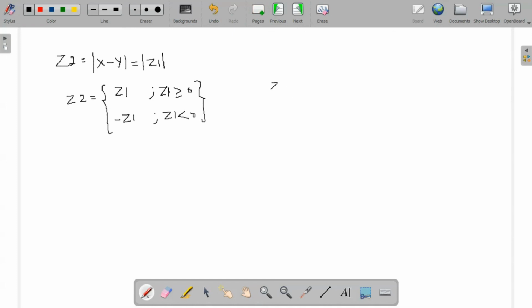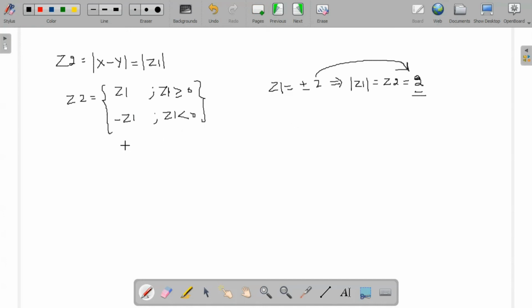For example, if Z1 is equal to plus minus 2, then mod of Z1, which will be equal to Z2, will be equal to 2. So for two values of Z1 which is plus and minus 2, we are having same value of Z2. So it is many to 1 transformation. Many to 1 transformation.